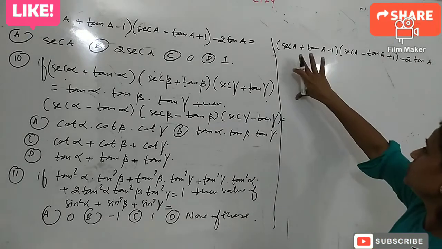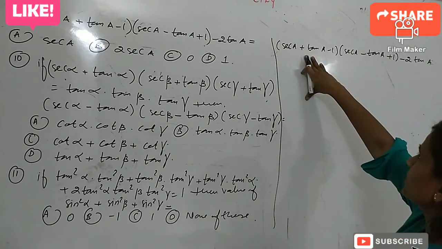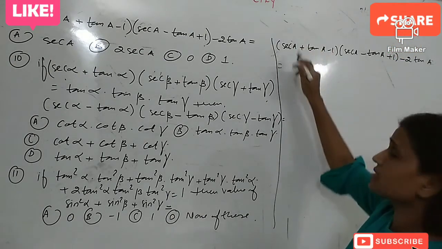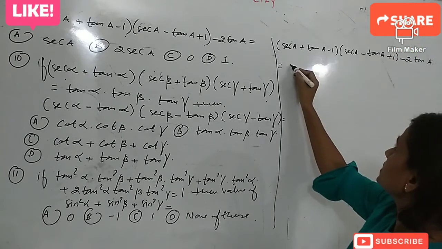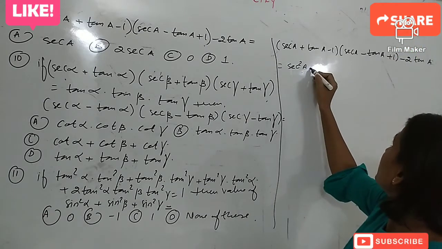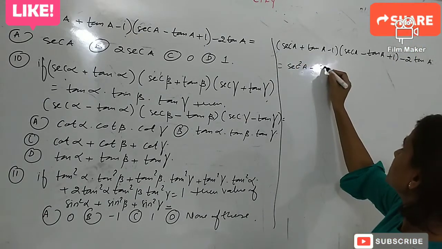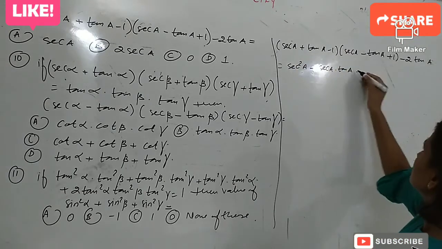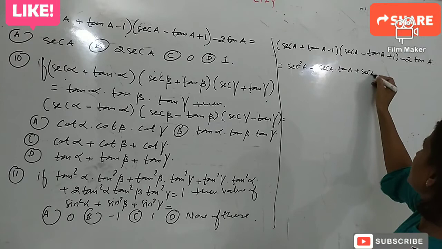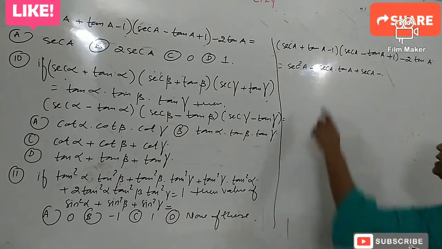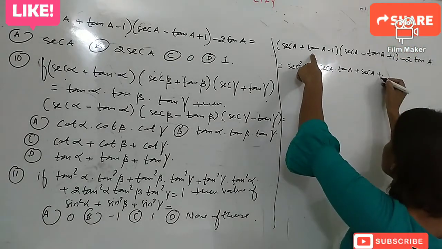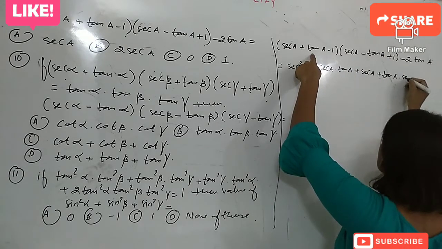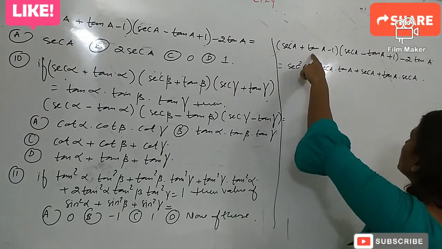Okay. So just multiply this first expression by the second expression. Okay. So I am just multiplying first by the sec A. So this sec into sec, it is a sec square A. Then sec A into tan A. After that plus sec A. Then I am multiplying by this tan A. So this is a tan A into sec A. Okay.